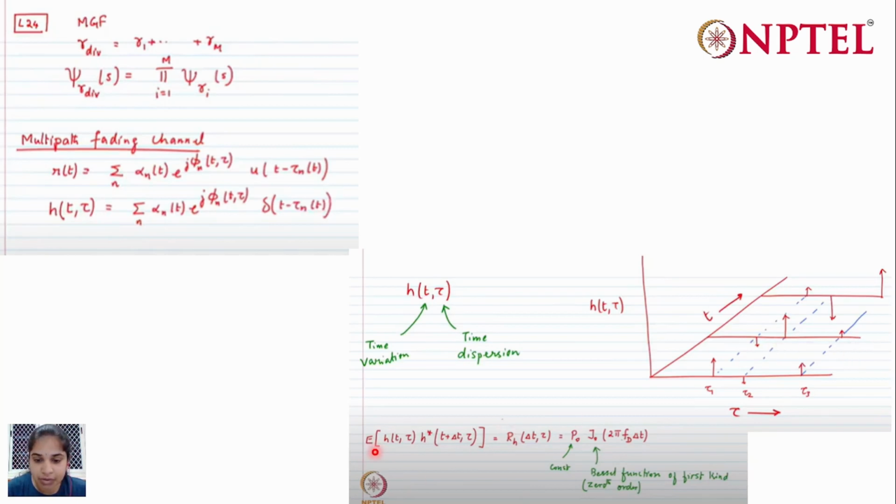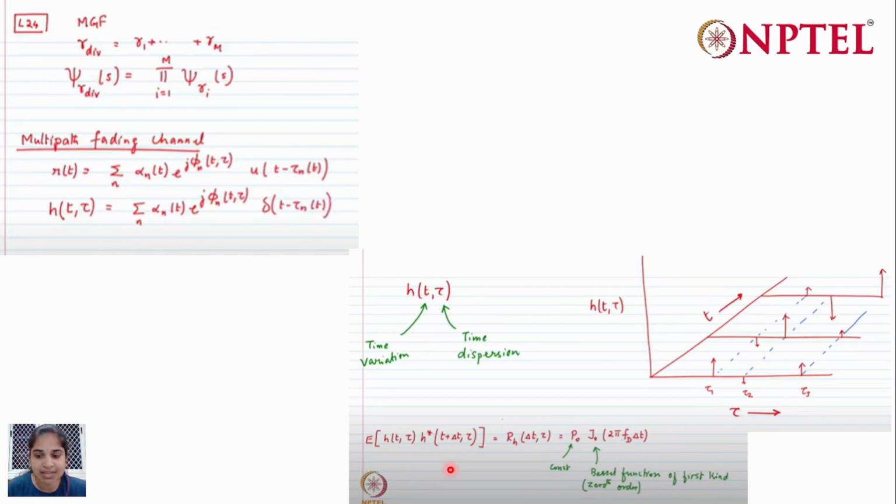The autocorrelation function, expectation of h of t comma tau into h star of t plus delta t comma tau, is written as r h of delta t comma tau. Now this will take the form P naught into the Bessel function of zeroth order of the first kind. So this is the characterization of the autocorrelation of the channel.